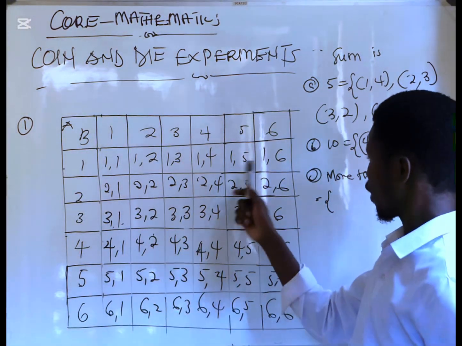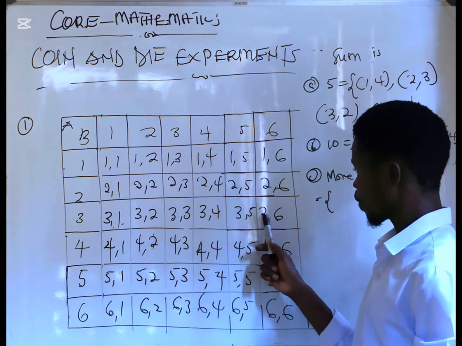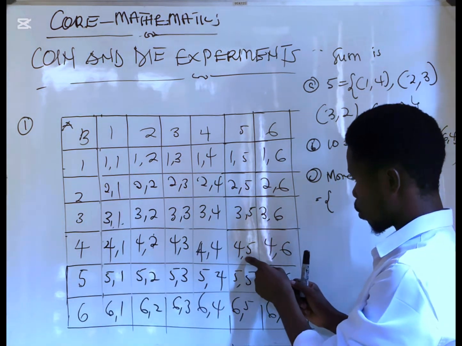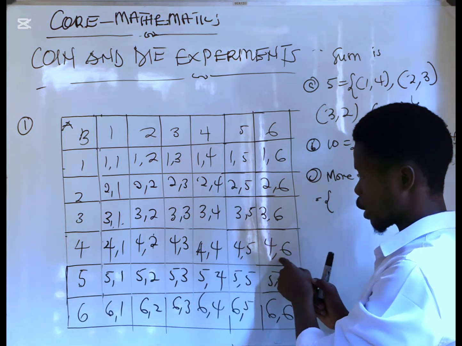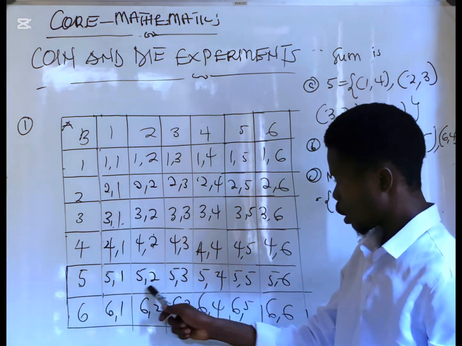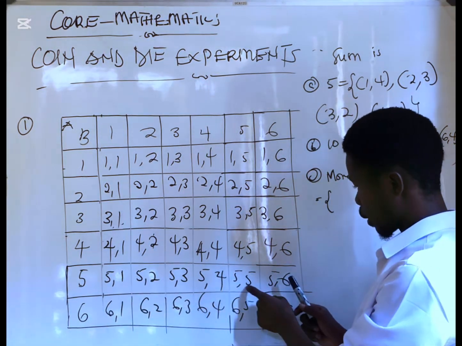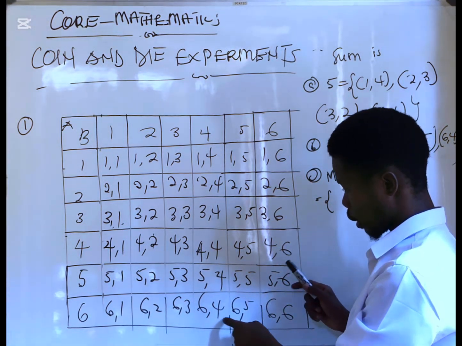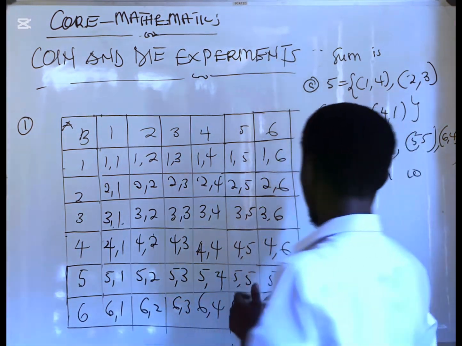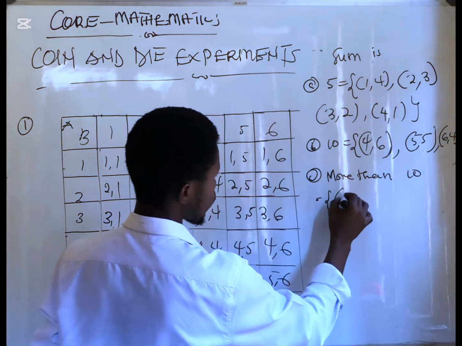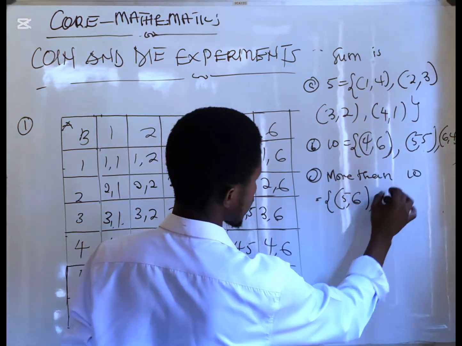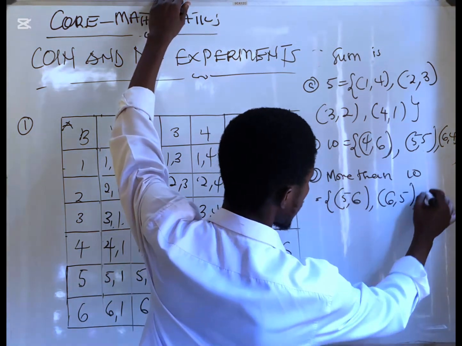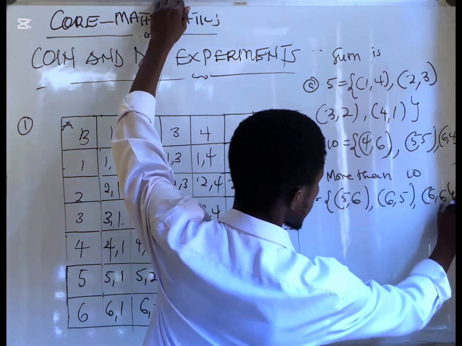More than 10. From here to here, yes, the highest is 9, right? So you can have 4,5, that's 9. This is exactly 10, so that one is out. Here, this is 9, this is 10. More than 10, so you can get 5 and 6, 6 and 5, then 6 and 6.